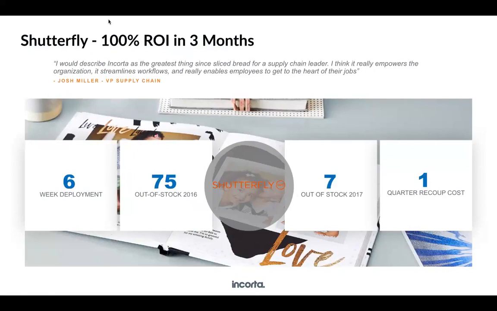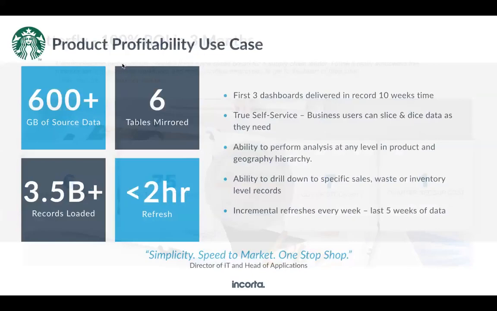Now, one more example, and then I'll open it up to questions. Starbucks. Starbucks has spoken publicly for us as well, so it's an example of a larger organization doing something very complex. We are doing store item level profitability at Starbucks. They set aside a year for this project. They went live, from literally the day it started to the day it went live, in 10 weeks with Incorta, shrinking that analytic supply chain.